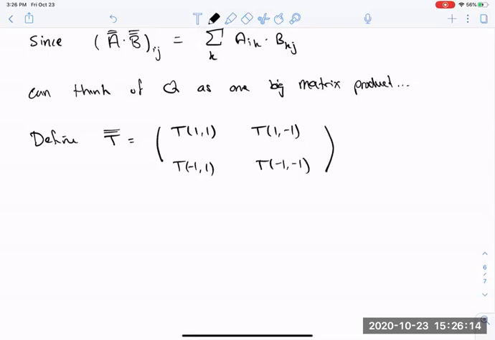So those are the different values that the pair of spins, which T is a function of, can take. Each spin can be plus or minus 1, so there are 4 possibilities. So this is what is known as a transfer matrix.